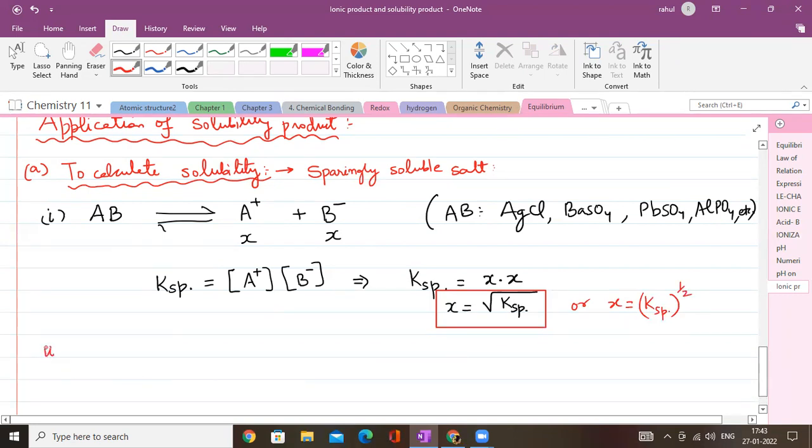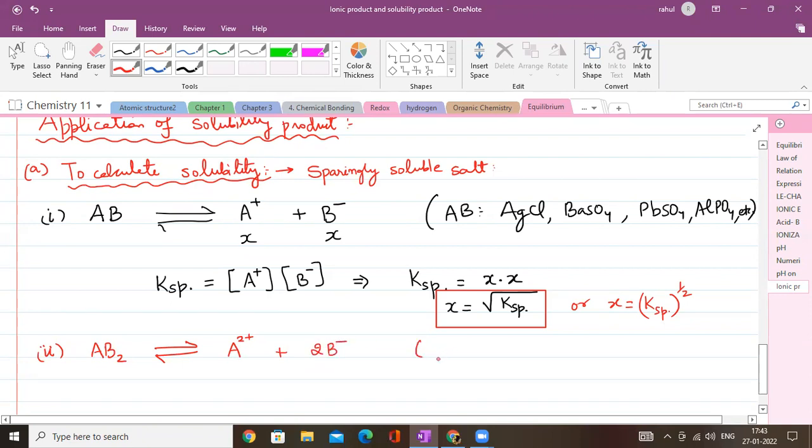Suppose I'm taking up the second type of salt, and suppose that second type of salt is AB2 type. So when an AB2 type salt ionizes, it will give A2 positive plus twice of B negative.